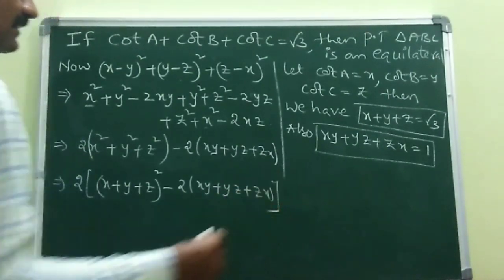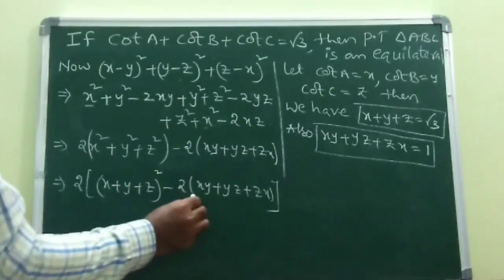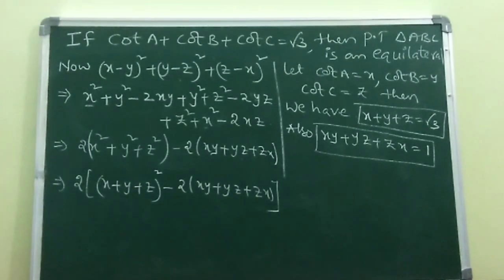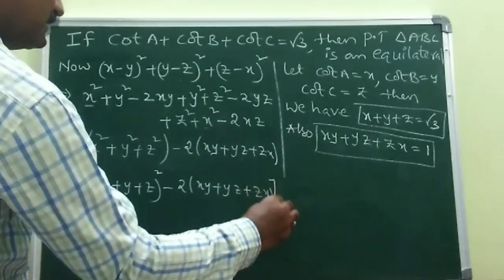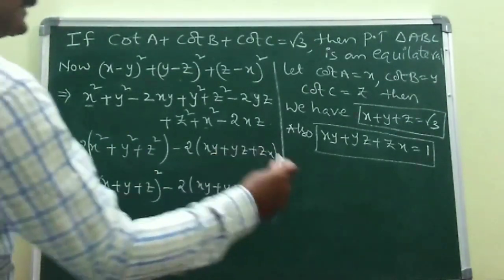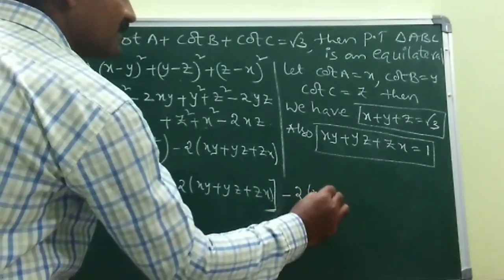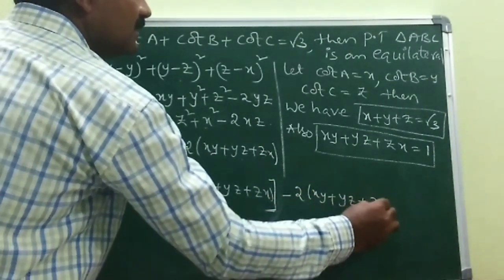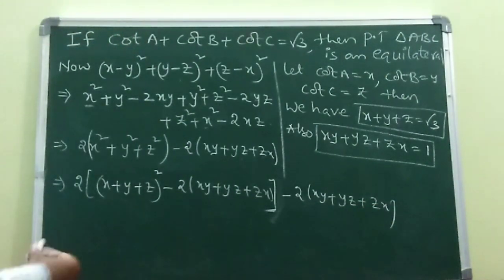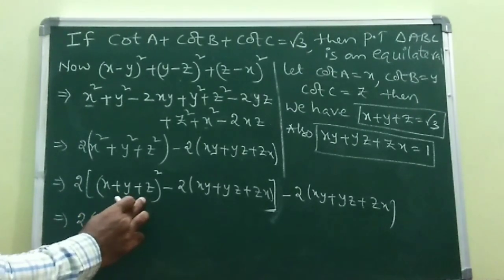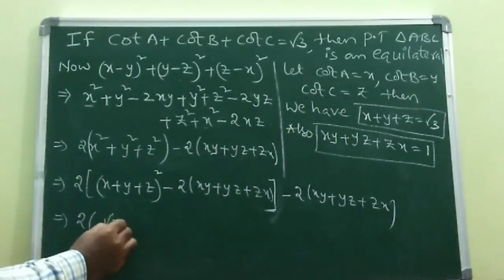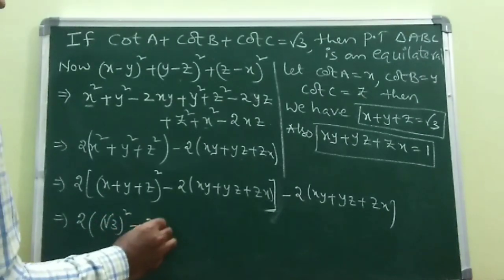Can I write like this? a plus b plus c whole square minus 2 into ab plus bc plus ca. Close the bracket, and then once again we have minus 2 into xy plus yz plus zx. Fine. Now just replace the values: x plus y plus z, we have root 3. So this is root 3 whole square minus 2 into 1.